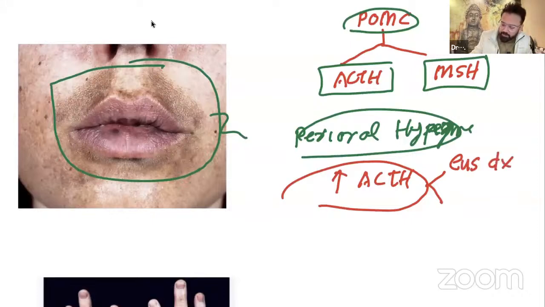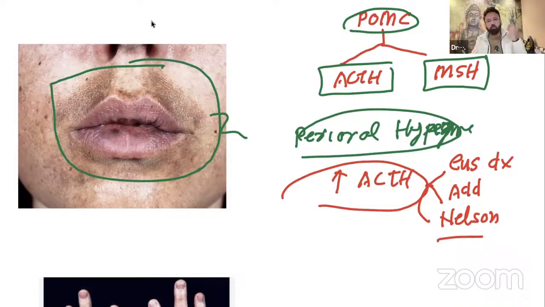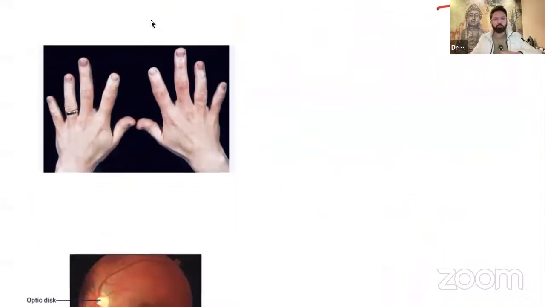In Nelson syndrome, when the adrenal cortex is removed, ACTH becomes very, very high, and when ACTH becomes very high, it causes hyperpigmentation. So it is perioral hyperpigmentation, and the reason is increased ACTH.